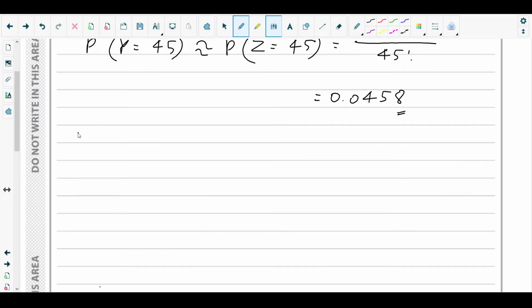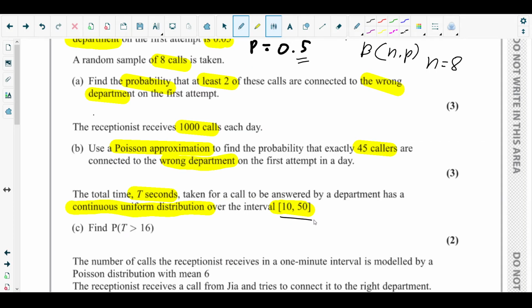For part C, we need the probability of t greater than 16. T is distributed between 10 to 50, right?